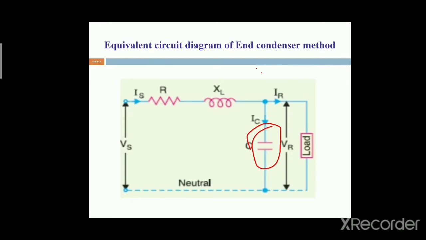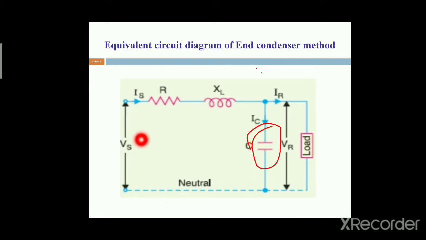End means at the end of the transmission system we are connecting the capacitance C. This is the capacitance C that will be connected at the end of this transmission line.